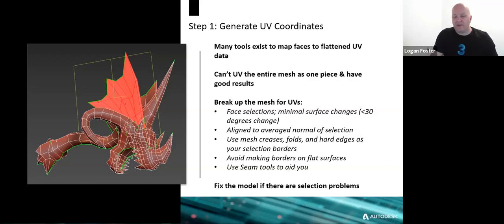I'm also going to look for things like, where are creases, where are folds, where are hard edges. These are going to be really important because I can use all of these areas to be natural seams on my mesh. When you're breaking up your UVs, and like I said, you've got to break it up, more than likely you're going to have to break it up into multiple parts and pieces. Having the seams broken up in these areas that are hidden or seem natural to the mesh will make your texture, your mapping, look natural to the result that's going on here.